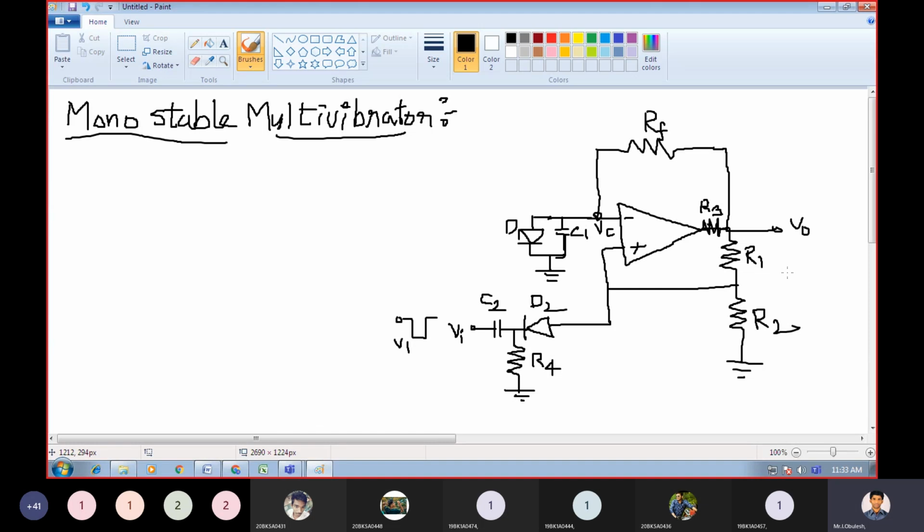The circuit is useful for generating a single output pulse of adjustable time duration in response to a triggering pulse.